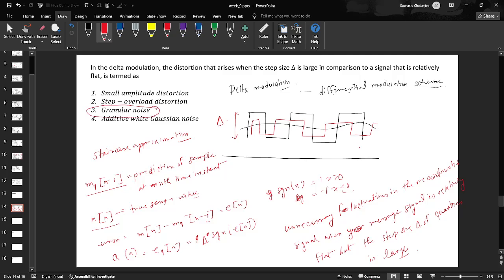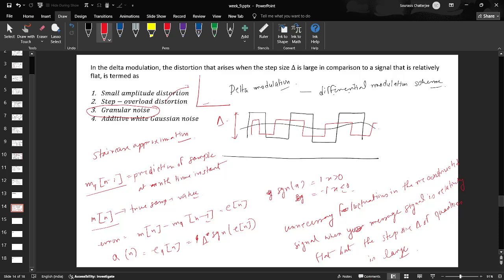The opposite scenario is when the signal slope is quite high, that is, it moves drastically, and you have a small step size, small of course being a relative thing. Then your reconstructed signal has difficulty catching up with the original signal. In that case, something happens that is called slope overload distortion. Slope overload distortion can be graphically shown like this.